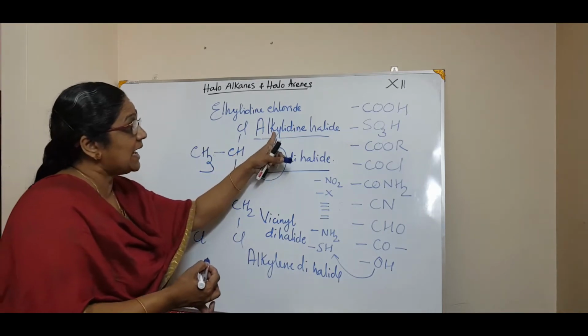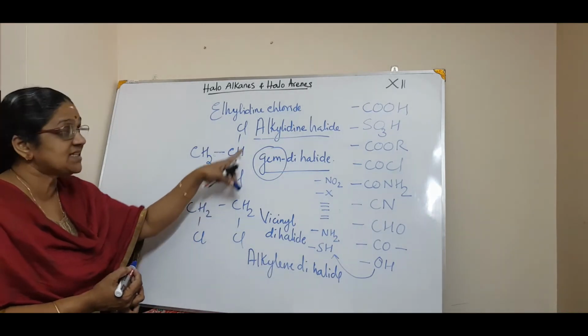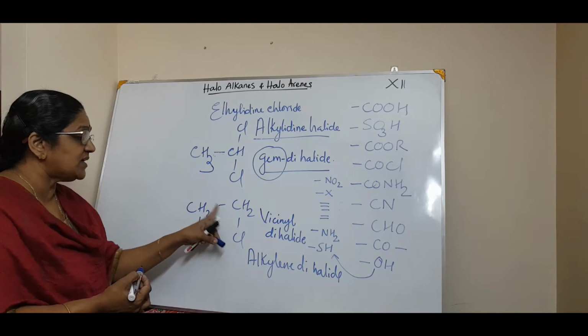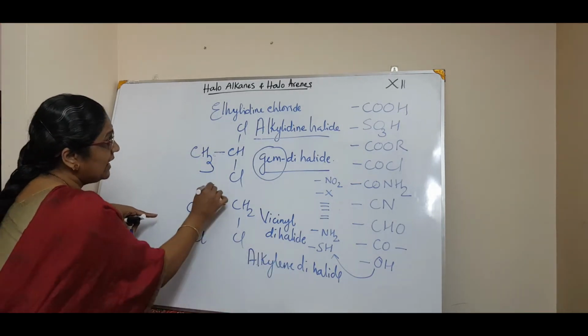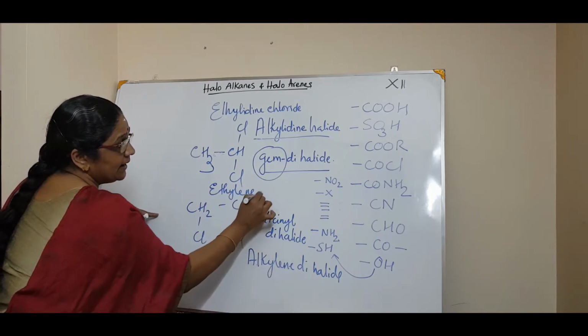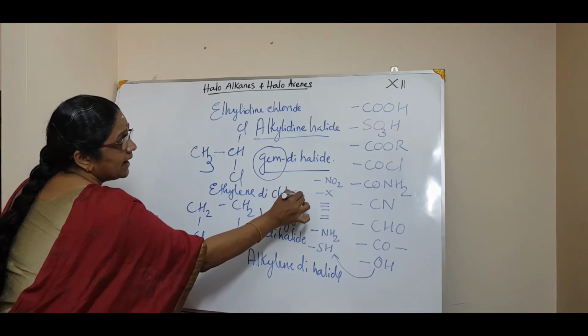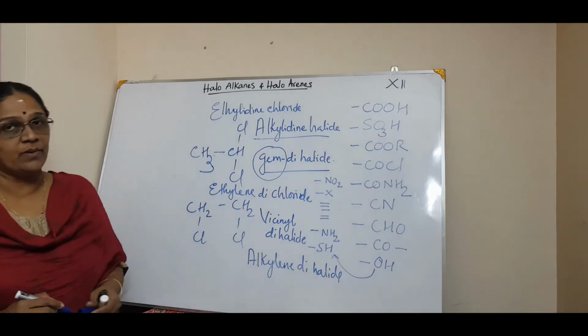Here it is alkylidene, which means the two halogen atoms are on the same carbon. This is a common name. So what will be the common name of this? This is ethylene, so it will be ethylene dichloride. See, this is how you name the compounds.